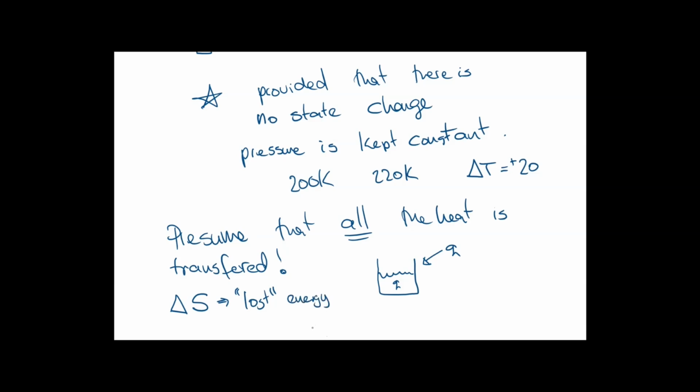You can't create or destroy energy, but it can lose its usefulness in the form of entropy. There's no perfect reaction. There's no perfect way of doing things that's going to produce 100% yield of anything. But for our purposes, we're going to presume that everything we do is perfect.